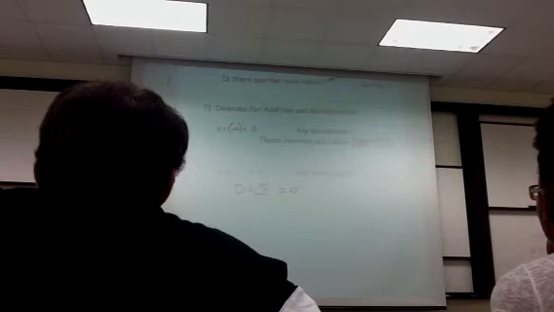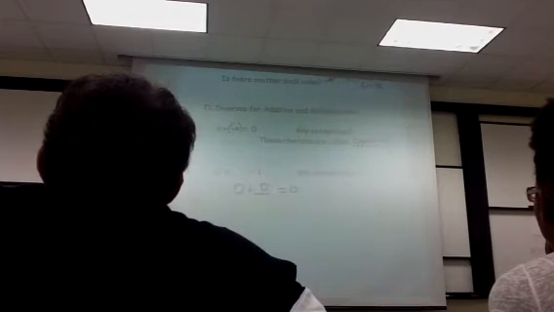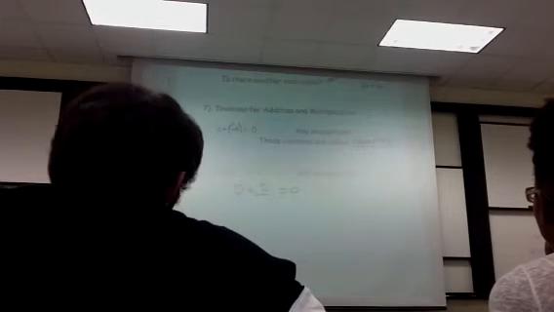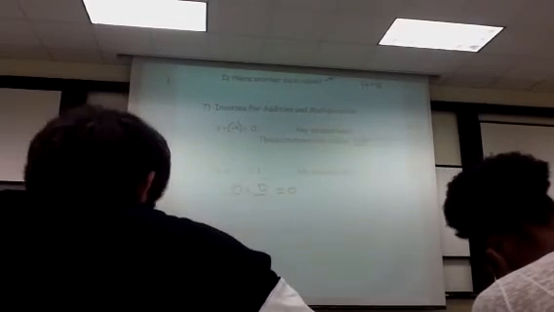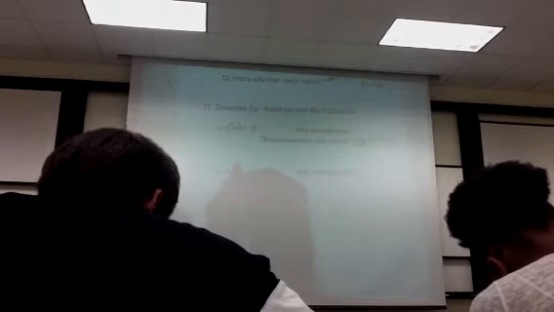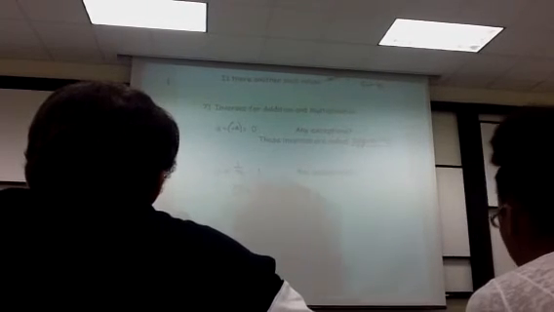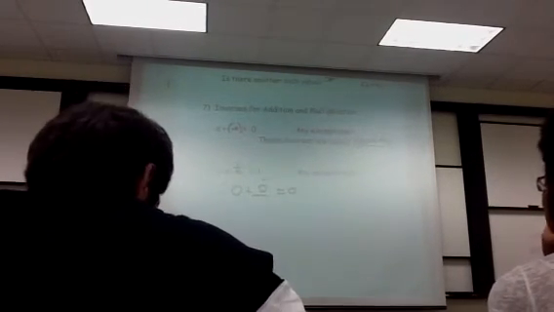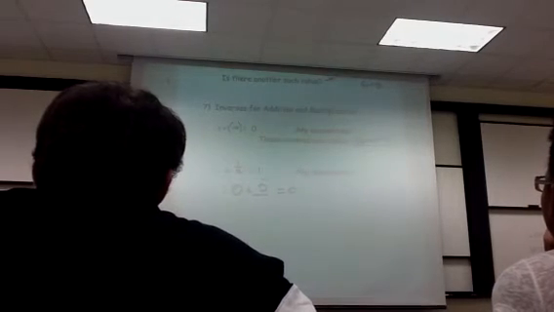What can I multiply A by and end up with 1? 1 over A. Very good. Now remember, A times 1 would give me A. That wouldn't quite cut it. But A times 1 over A would, in fact, give me 1.